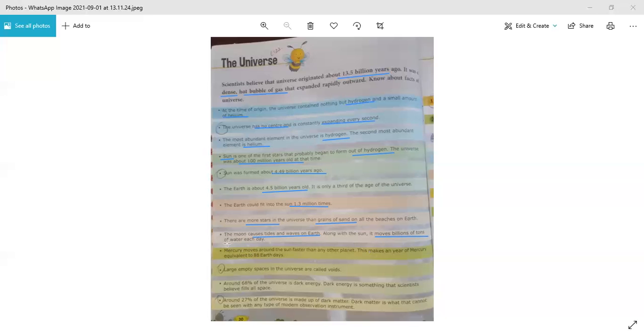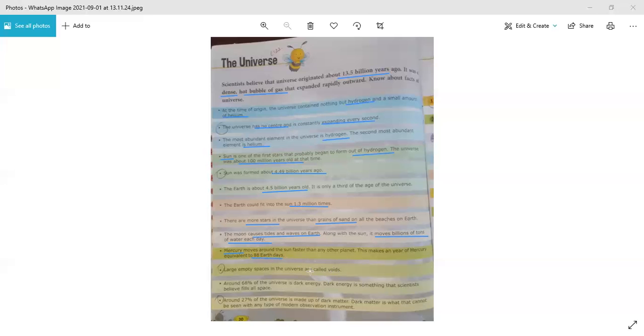Next concept: what moves around the sun faster than any other planet? That is Mercury. Mercury moves around the sun faster than any other planet, and its year is equal to 88 Earth days. Underline this concept and learn it by heart.